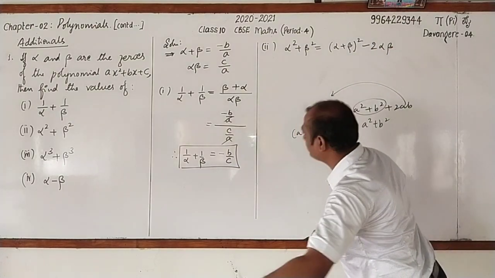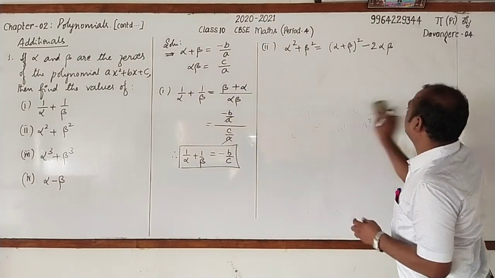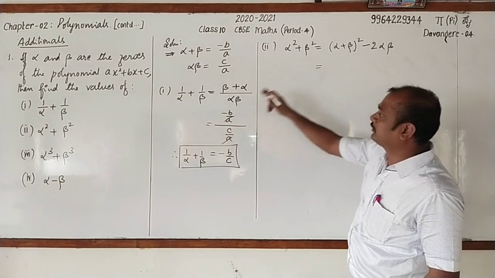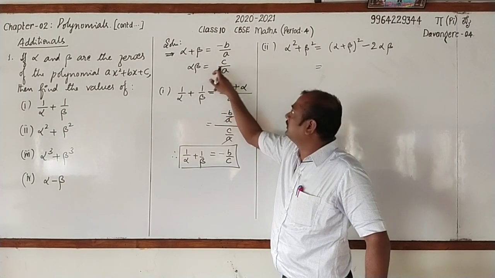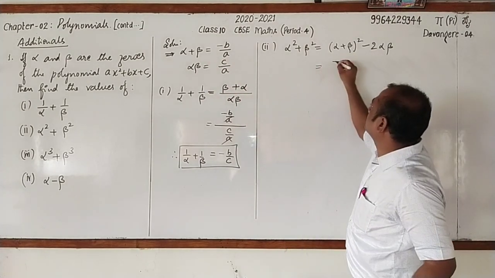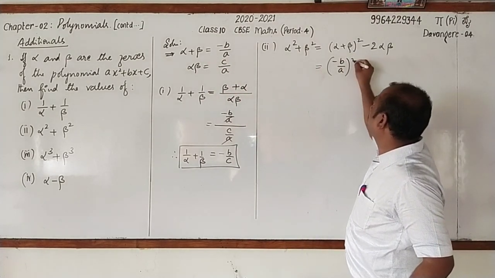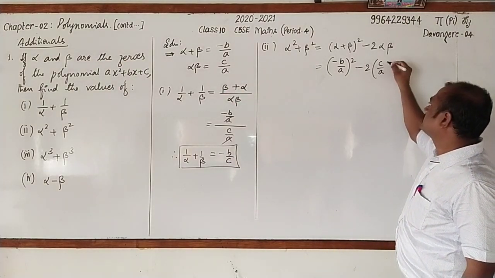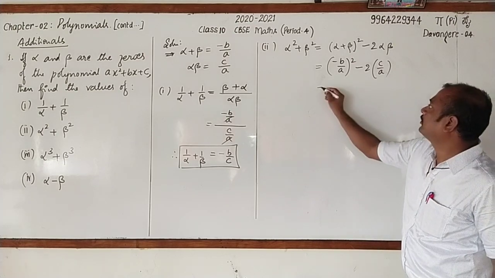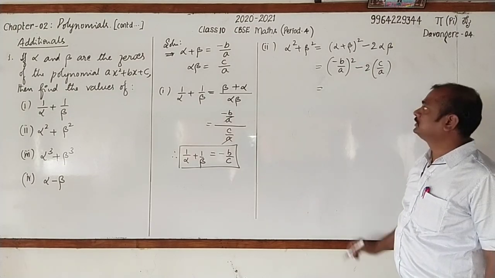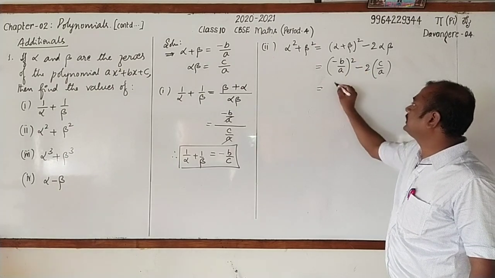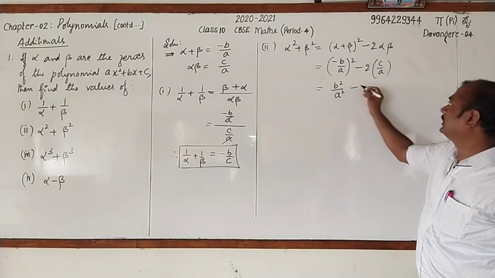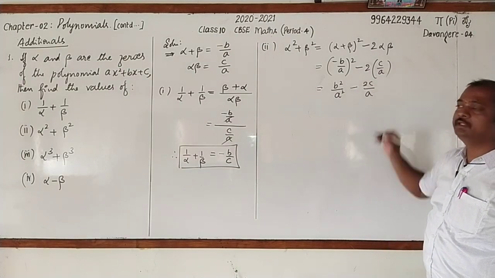Okay. Now, let me substitute. Already we know what alpha plus beta and alpha into beta are. Both are written here. Alpha plus beta is minus b by a whole square. 2 into alpha into beta, this is c by a. Now, apply the square to both. Minus b whole square is plus b square. A whole square is a square. Minus 2c by a.